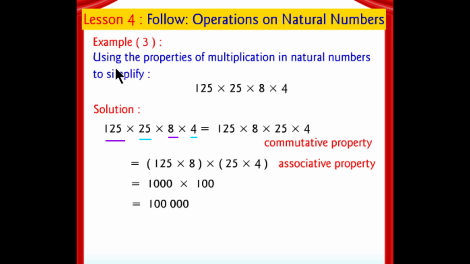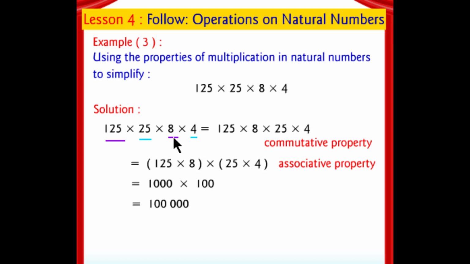Example 3. Using the properties of multiplication in natural numbers to simplify 125 times 25 times 8 times 4. Solution. At first, use 125 with 8 and 25 with 4.